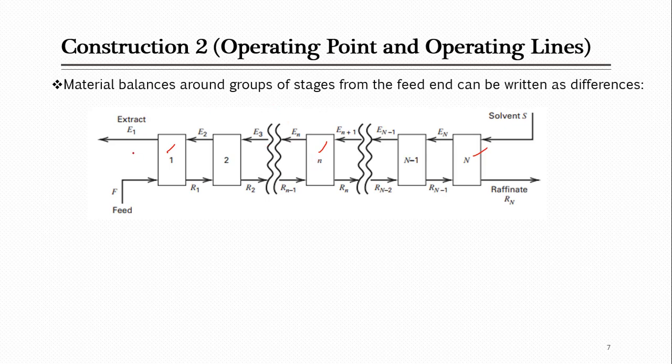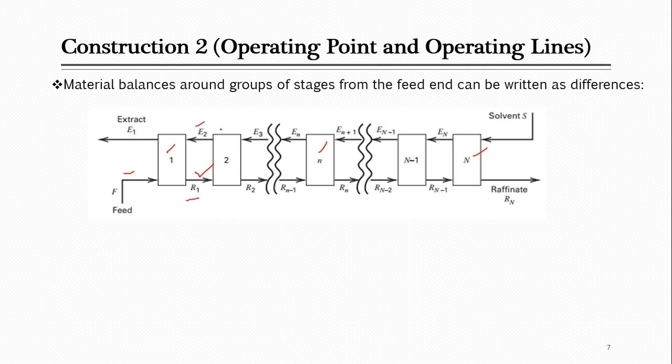So you have seen that the feed and main streams entering or leaving each stage are named based on their compositions, like feed is entering the first plate, and the stream which leaves from this, which is rich in carrier, is called raffinate, leaving from here as well.